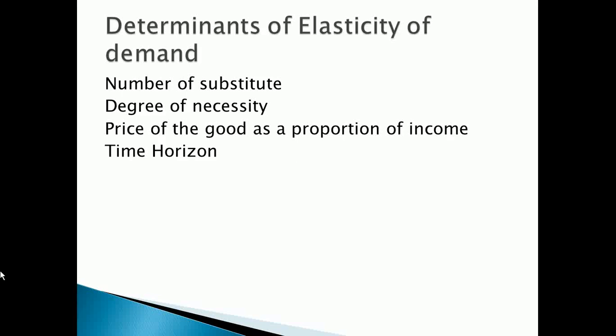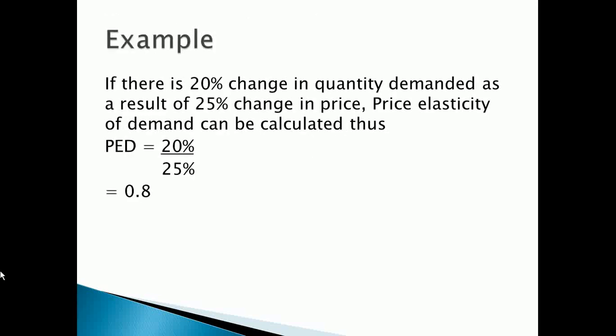Now, if the price of a fridge is currently 200 pula and the quantity demanded is 4 million, if the price falls to 180 pula and the quantity demanded rises to 6 million, what is the price elasticity of demand? We can also use a percentage change in quantity demanded over percentage change in price.